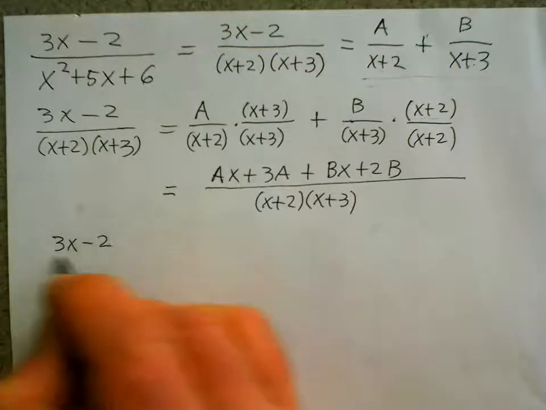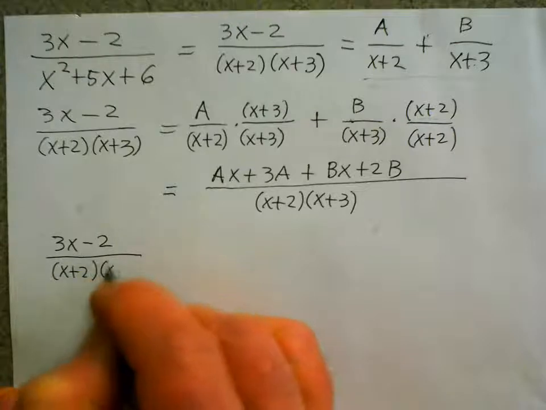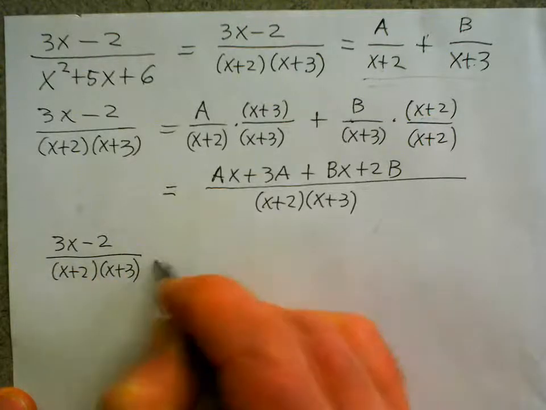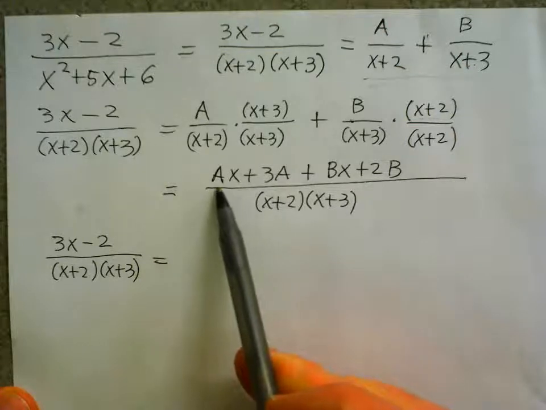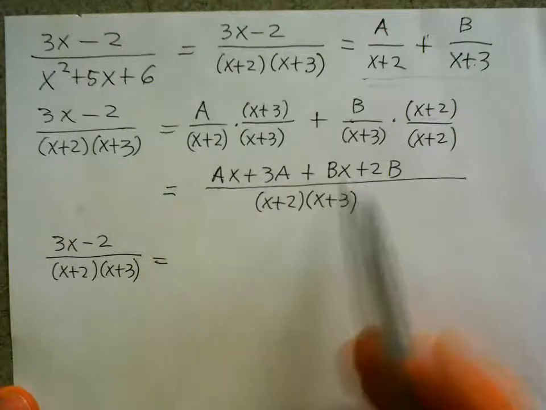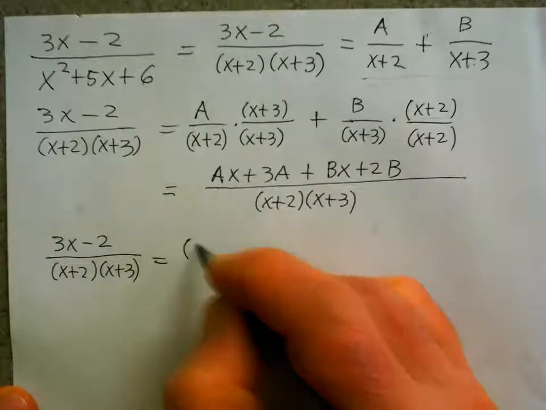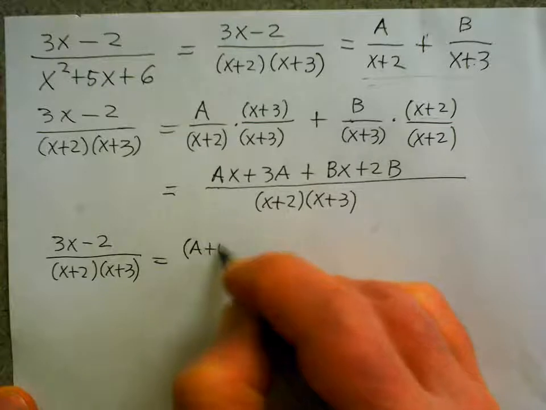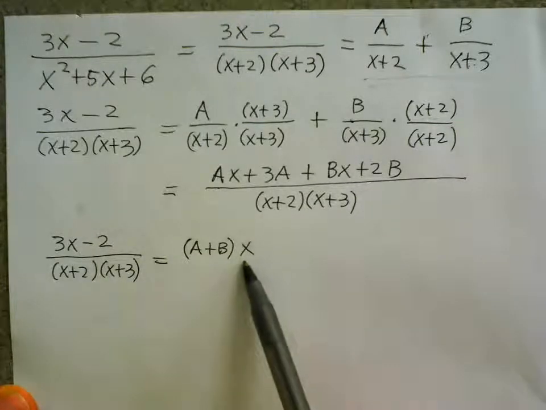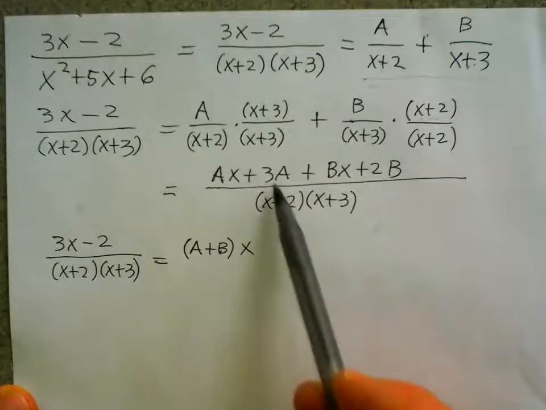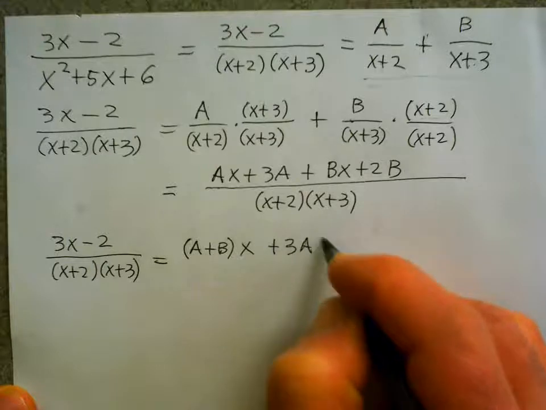So I'll rewrite the one on the left. So we're going to combine like terms. We have an a times x plus b times x. So we can write that as the quantity a plus b times x. So a plus b is the coefficient of x. And then the constant is plus 3a plus 2b.